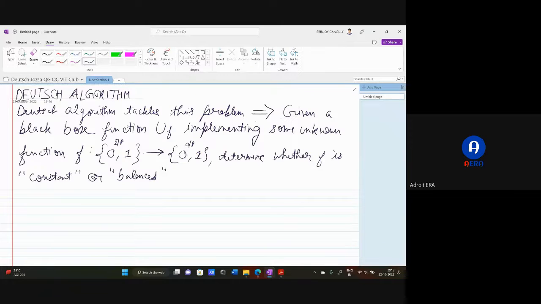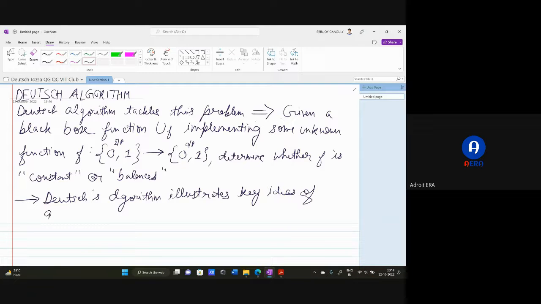Therefore the first point is that the Deutsch algorithm illustrates key ideas.